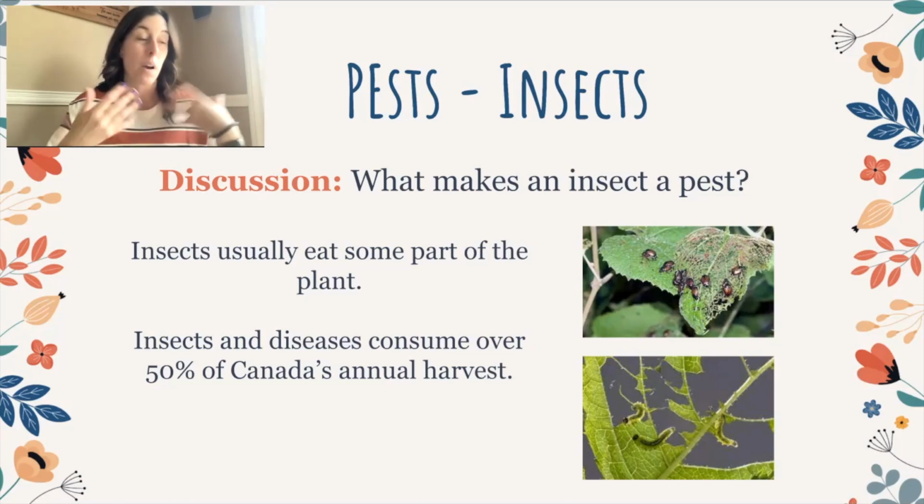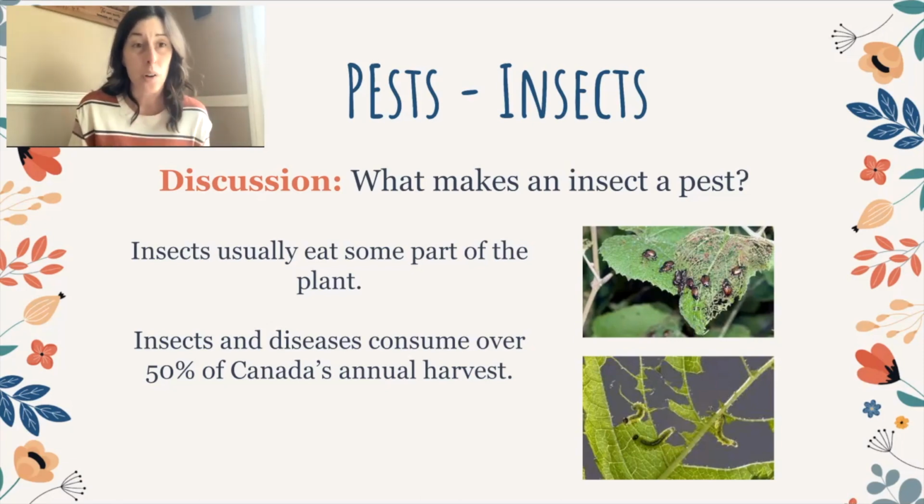Think about how we've been talking about how agriculture in Alberta is really important, and think of all the things that farmers in Alberta harvest and grow and ship out. Imagine 50% of that being gone. And that's the truth. Insects and disease wipe out 50% of harvest every single year.